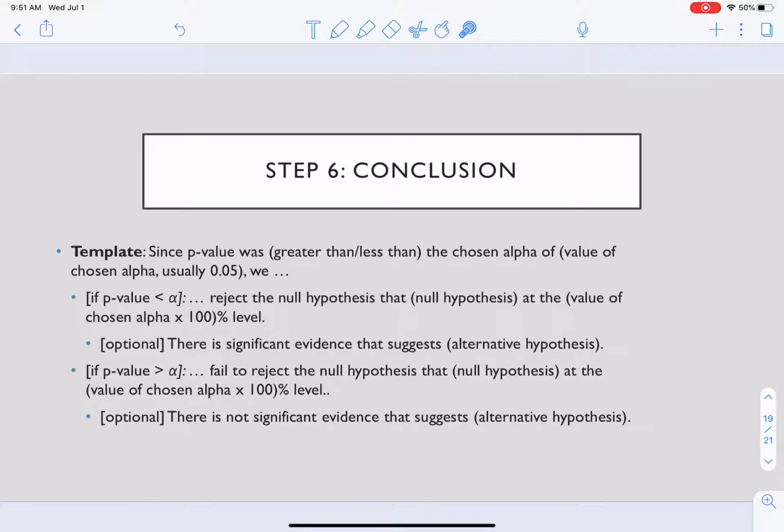And then we say at the chosen alpha level of 0.05 times 100%, just a convoluted way of saying multiply your alpha by 100 to make it a percent. So we would say at the 5% level. Let me give you that whole thing as one big sentence: since the p-value was less than 0.05, we reject the null hypothesis that brown thrashers make up 38% of the birds in northeastern Wyoming at the 5% level.